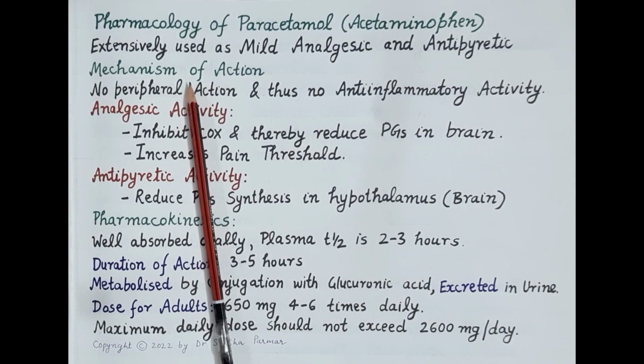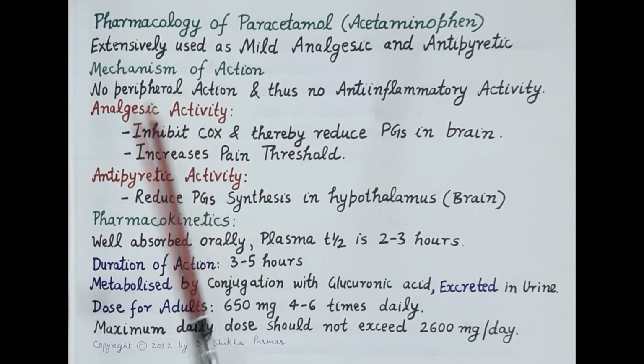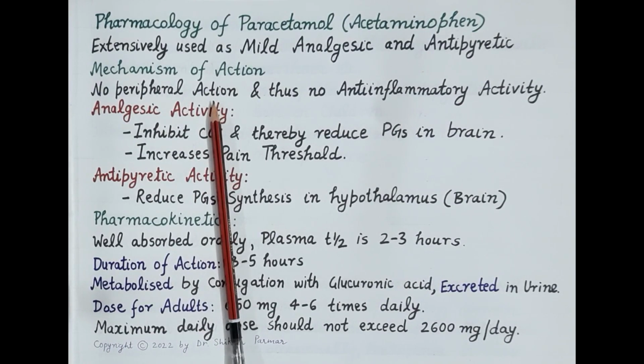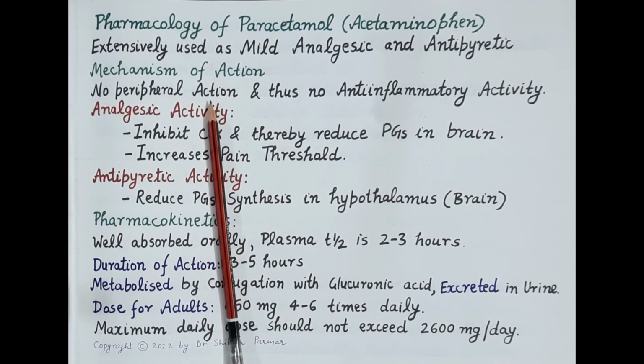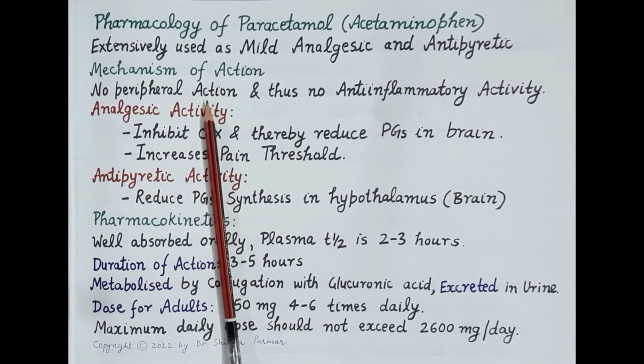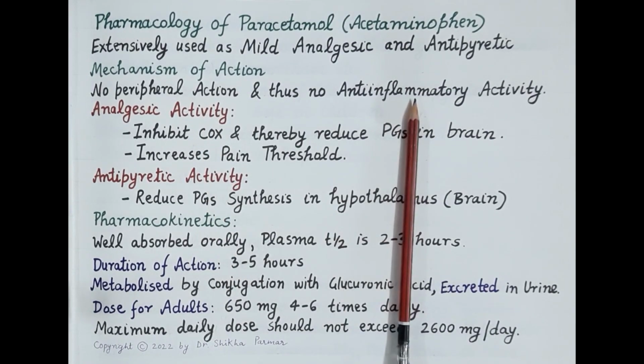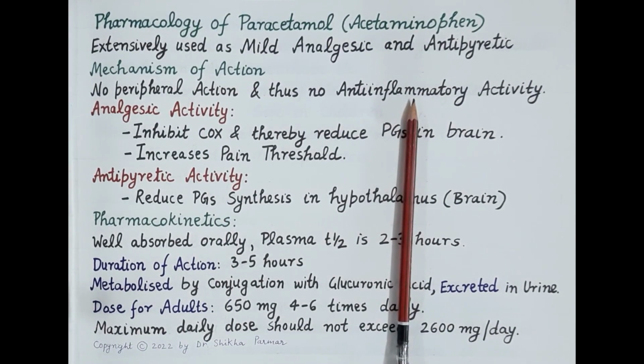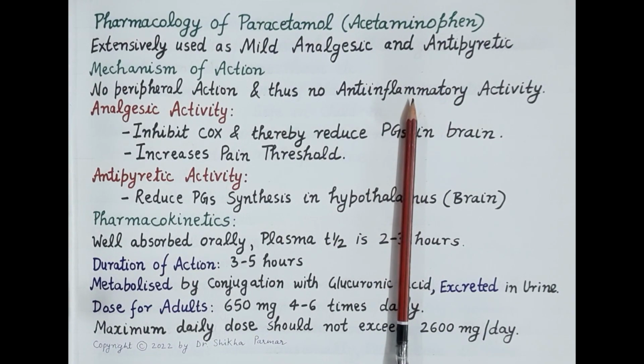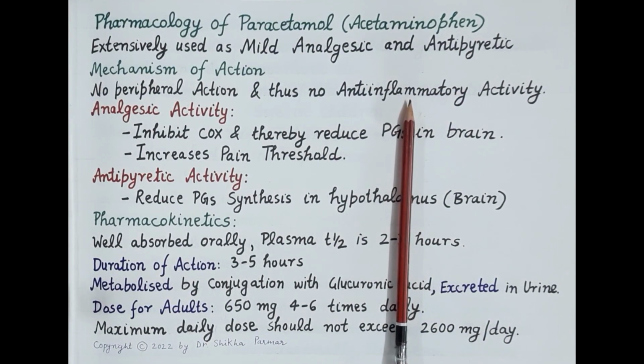But unlike NSAIDs, paracetamol has no peripheral action. It does not block cyclooxygenase enzyme expressed at the peripheral sites of tissue injury and inflammation, and thus it has no anti-inflammatory action. It inhibits COX centrally, that is in the brain.